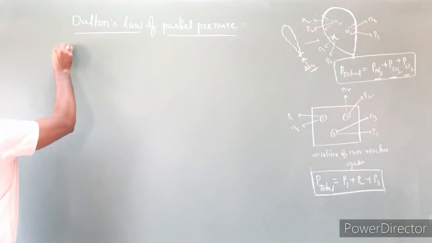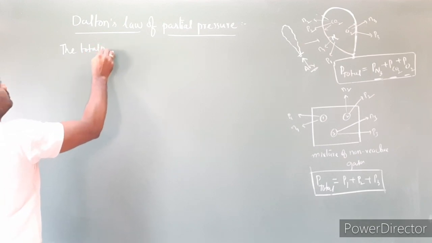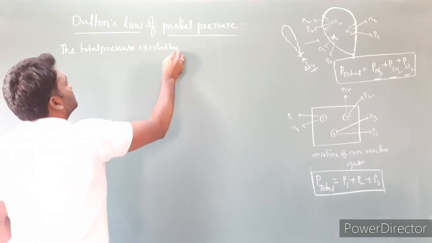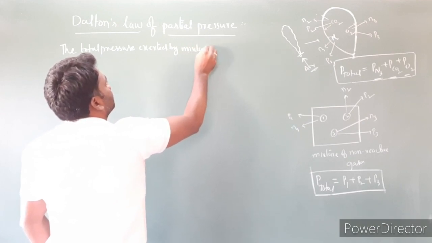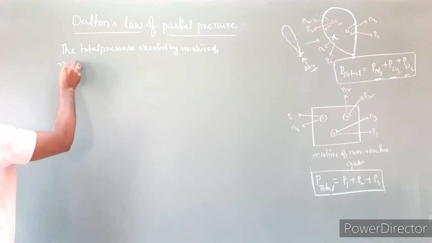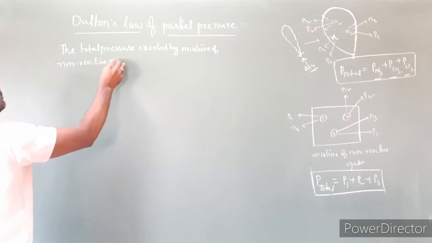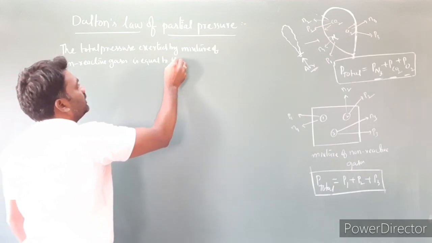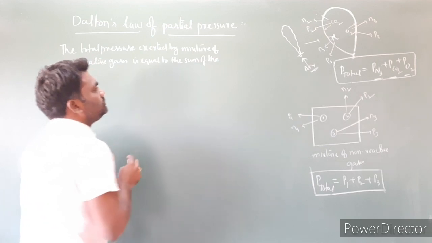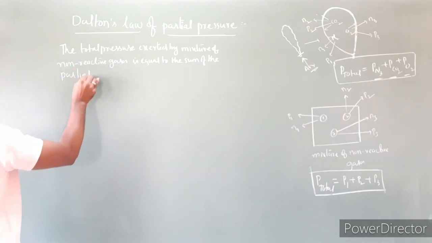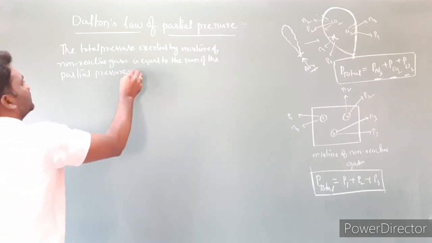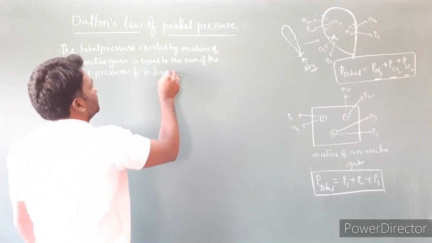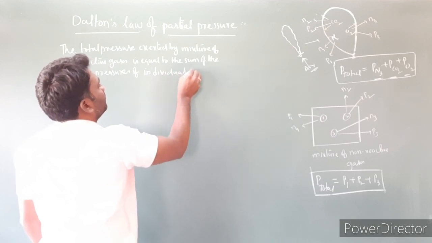So let us write the definition. The total pressure exerted by a mixture of non-reactive gases is equal to the sum of the partial pressures of individual gases.